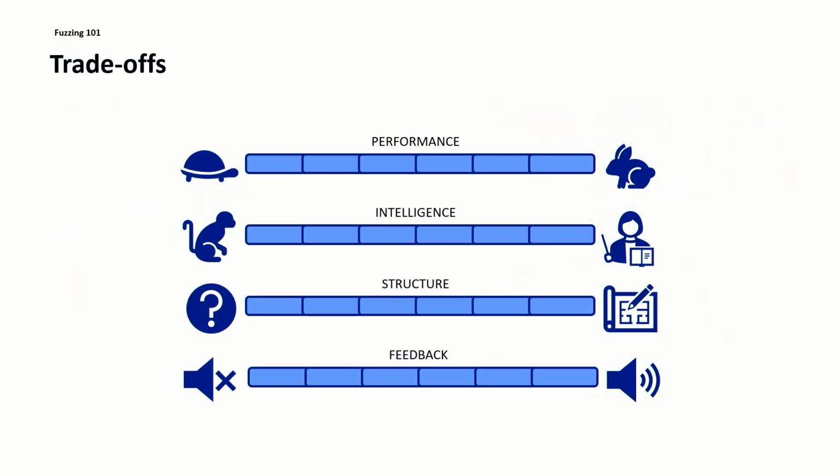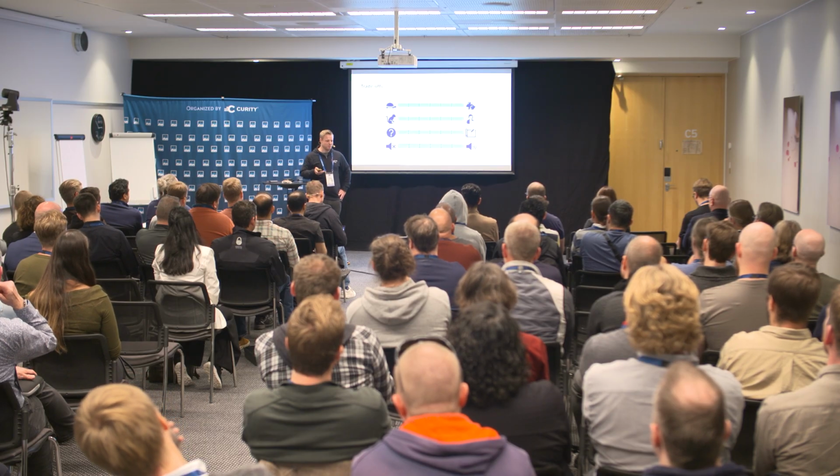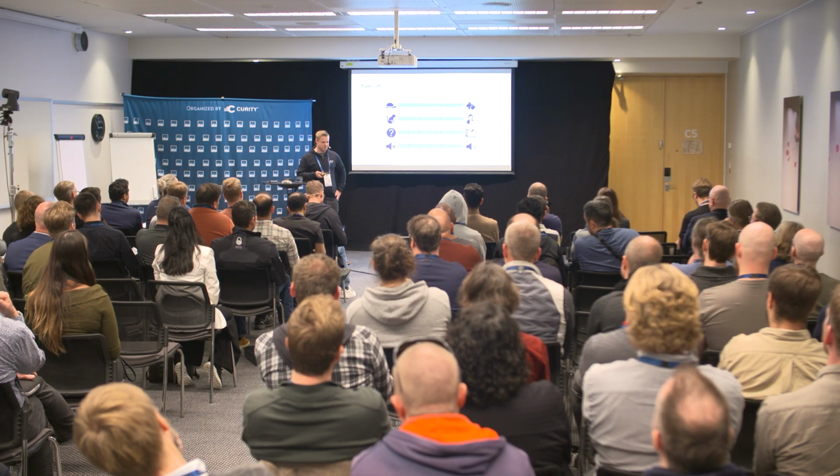Some trade-offs. Fuzzing can be considered somewhat of an art. There are many aspects, also depending on the context and the application you want to test, which you need to take into account. I already mentioned performance is a key driver, so you want to try many different things. But if you do some intelligent stuff, that might actually decrease the amount of inputs you can send to your application, but still you might be able to get deeper into the logic you're testing.